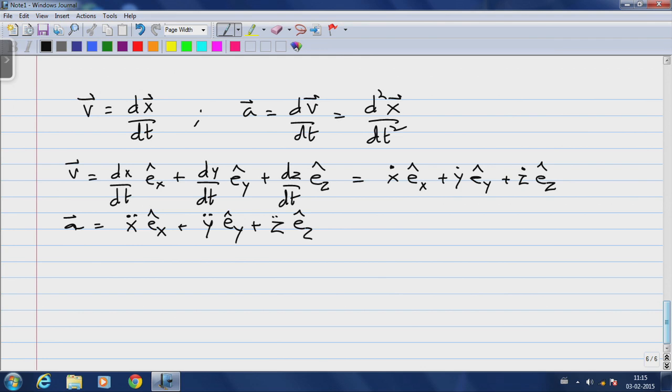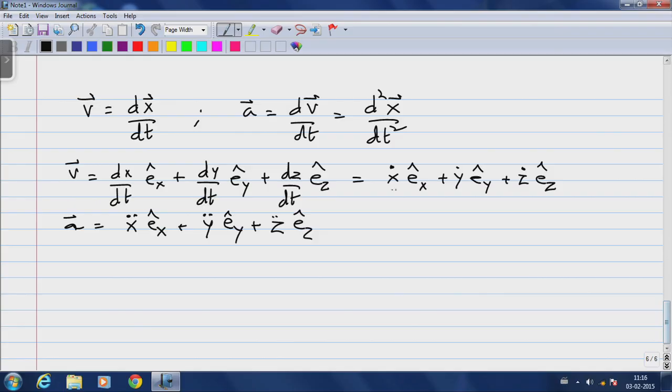So, if time is my independent variable and I have the position x as a function of time, position y as a function of time, position z as a function of time, if I know the positions of these particles as explicit functions of time, I can do this one differentiation to get the velocity of that particle at various instants of time.